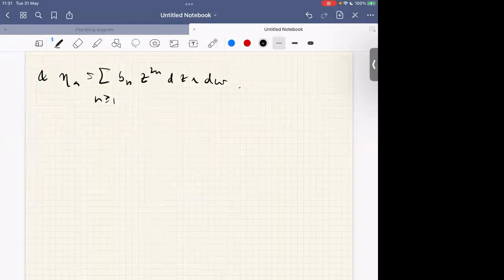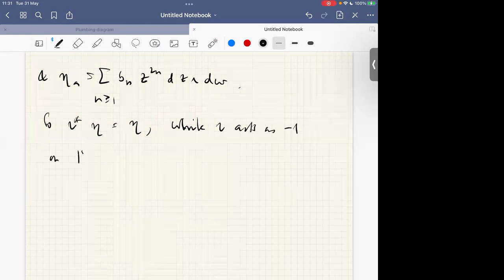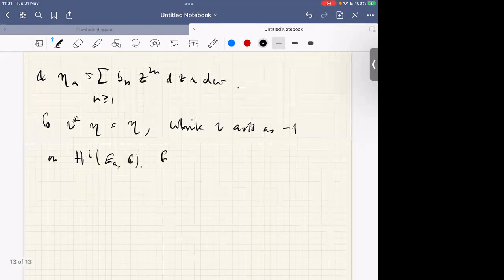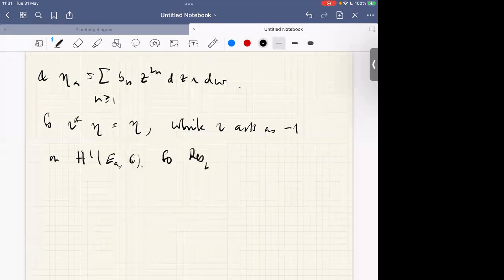But then iota upper star of eta is equal to eta, while iota acts as -1 on the cohomology of the fiber. So the residue must be 0. So what this proves is that these etas define cohomology classes on X, but it is not clear a priori that they live in the H^{1,1}.